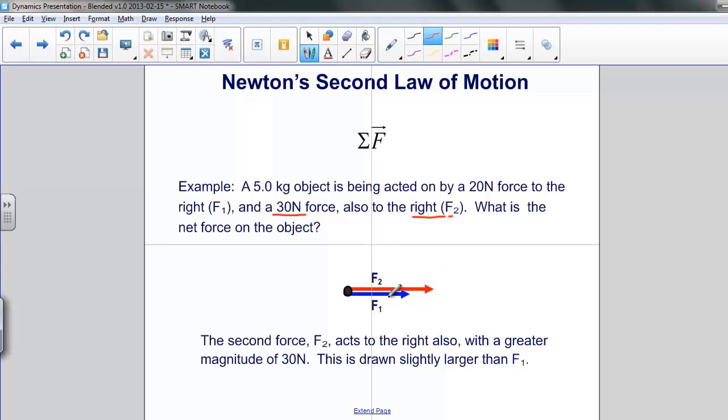And here we see it, the second force. So we've got the two forces now, F1 pointing to the right and F2 also pointing to the right. Notice that F2 is a bit larger. It should be around 50% larger, but the main idea is just to show that it is bigger. And so now we see these two vectors pointing in the same direction and of slightly different lengths to represent their different magnitudes.